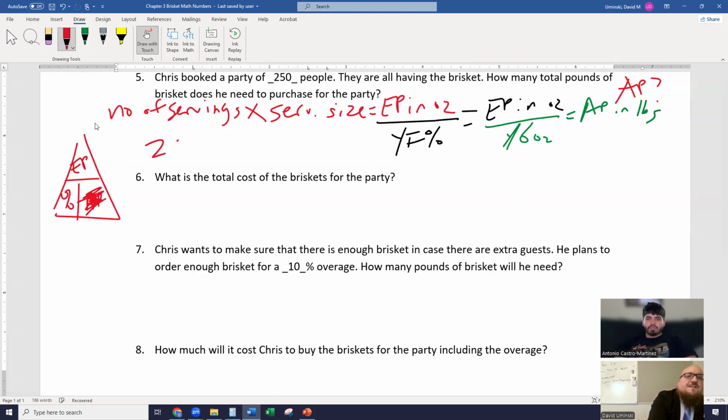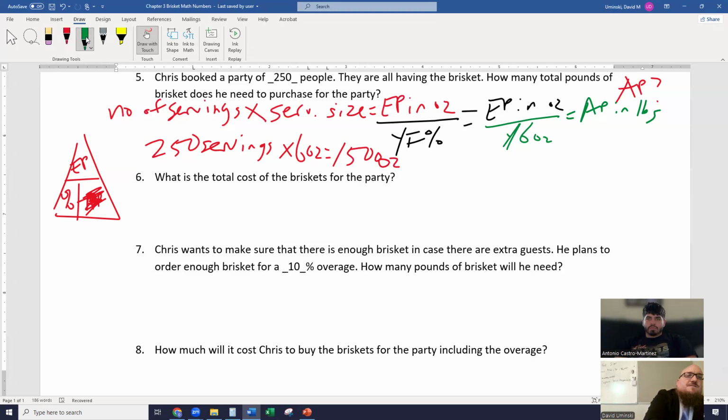We have 250 servings. We're going to multiply that by 6 ounces, and that is equal to what? 1,500 ounces. Do we all agree? Yep, that's right, 1,500 ounces.